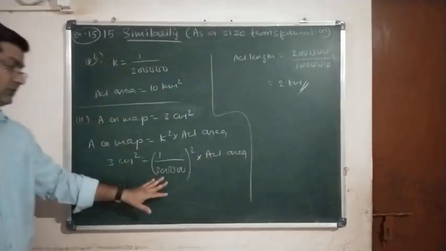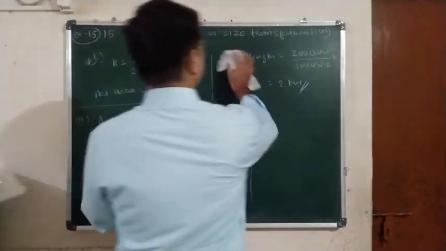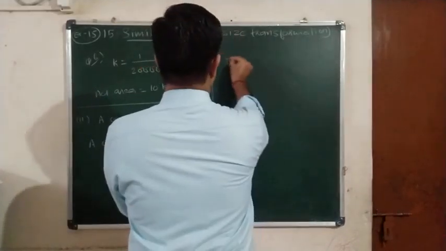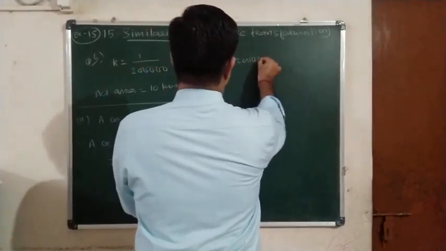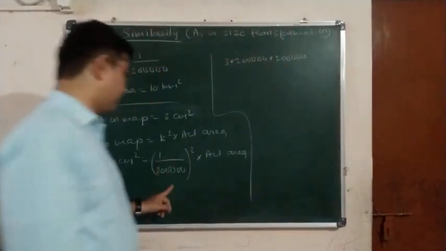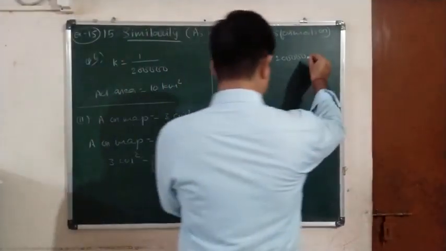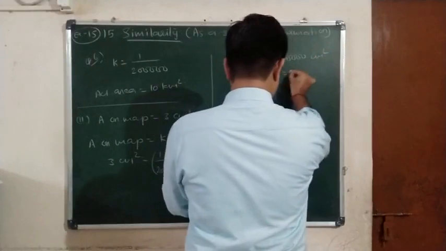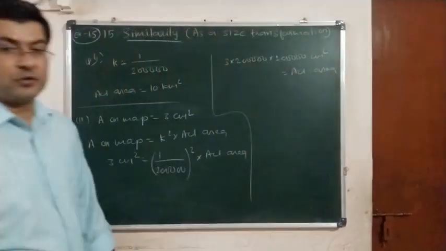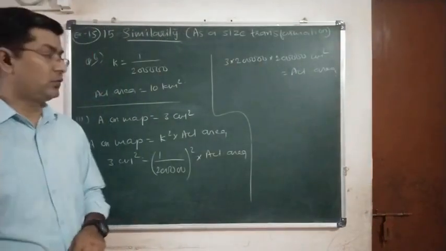Now these terms we will transpose on the left side. So we have 3 into 2 lakh into 2 lakh, because we have (1/2 lakh) square. So 3 multiplied by 2 lakh into 2 lakh square centimeter is equal to actual area. Now in order to convert square centimeter into square kilometer, we will divide by 1 lakh into 1 lakh.